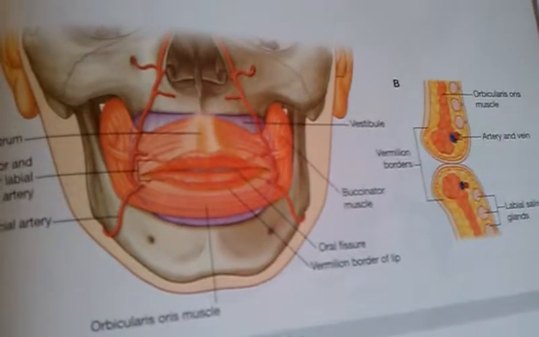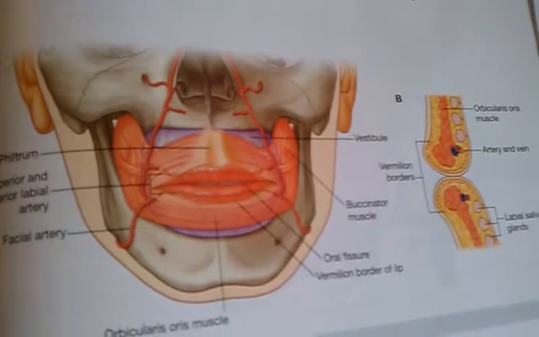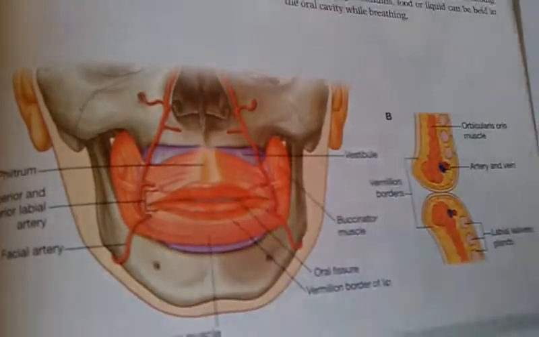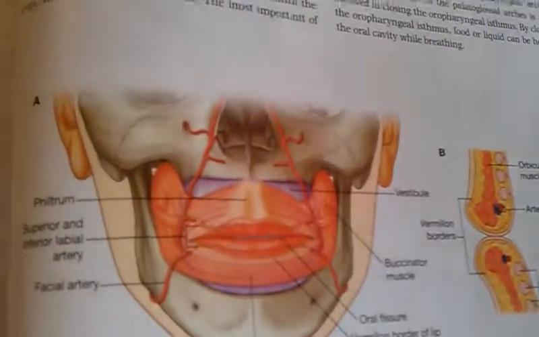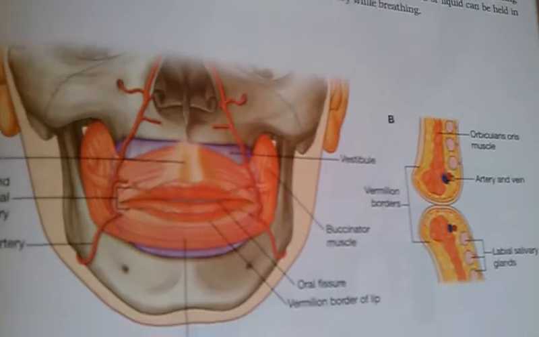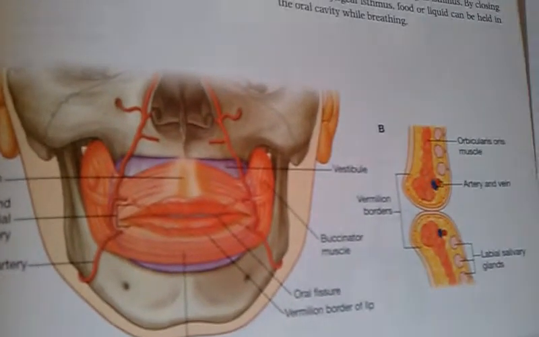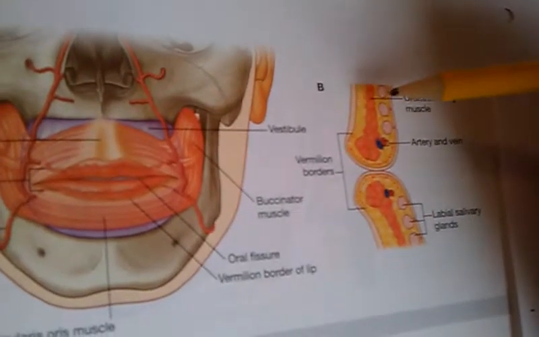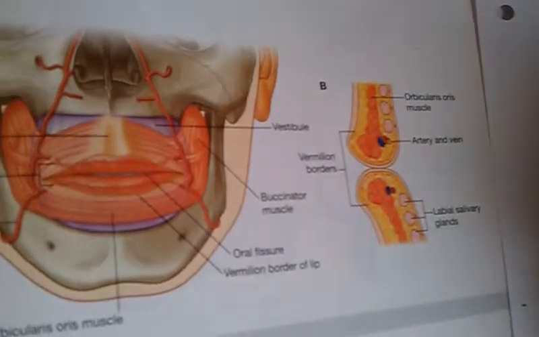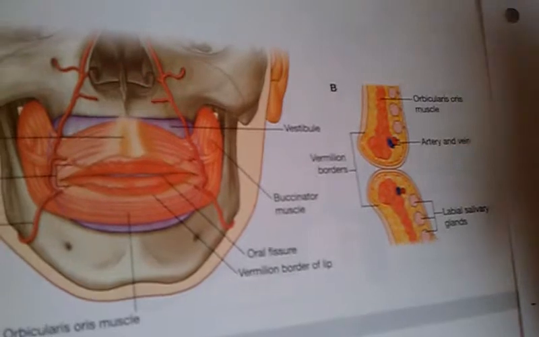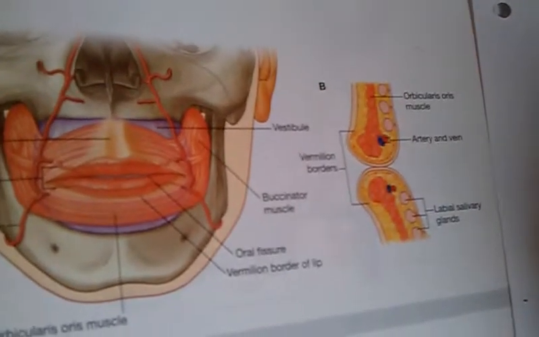The composition is not the same. That's why it's called skin on the outside and mucosa on the inside, even though it looks very similar. On the inside you can see it has small labial glands. Those are salivary glands, so they produce saliva.